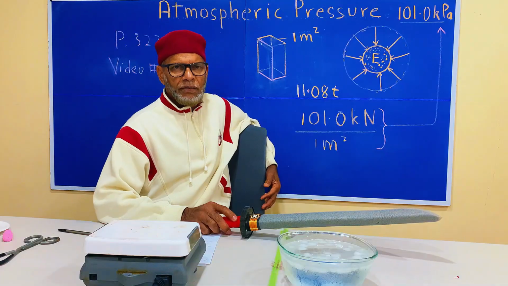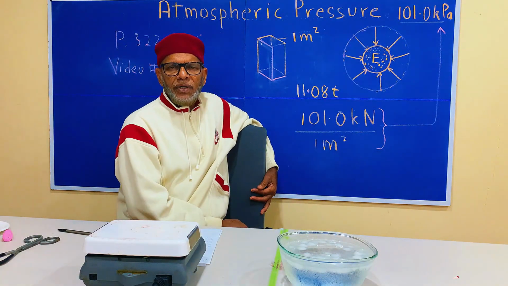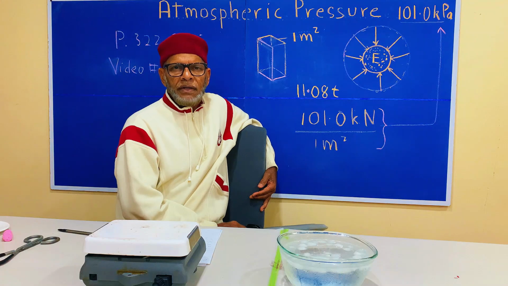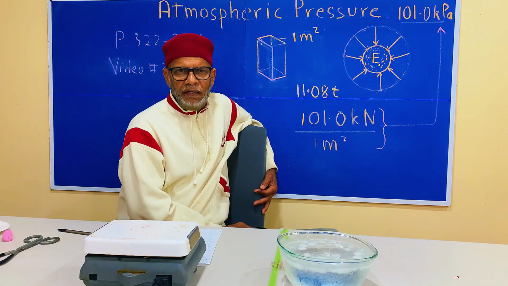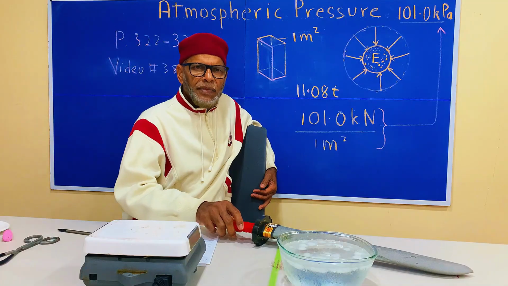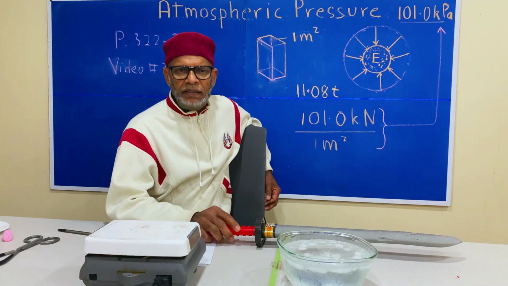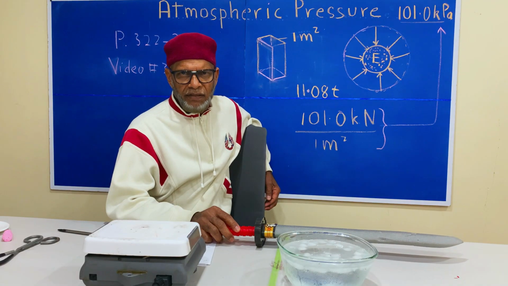As can be recalled, the Earth is surrounded by a layer of air that is called the atmosphere. Of course, we know air has mass, and anything that has mass will exert a force on the surface of the Earth due to the influence of Earth's gravity on it.